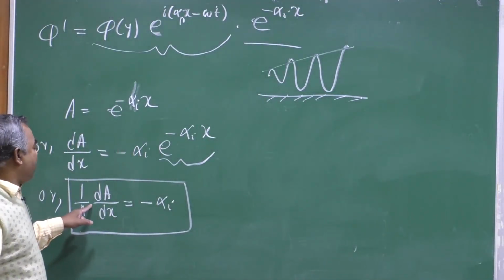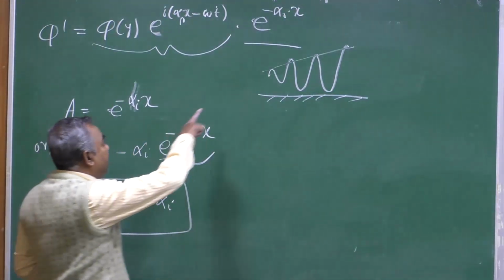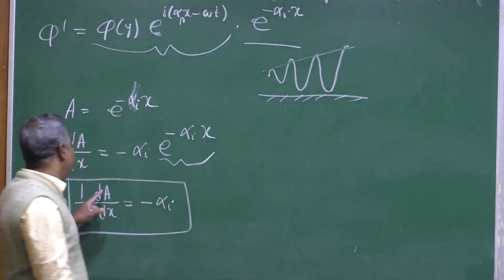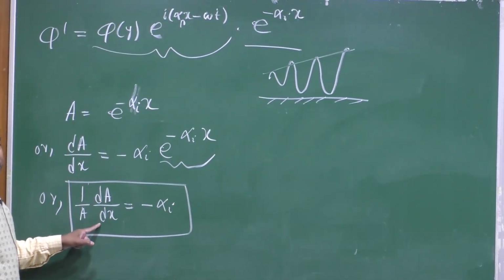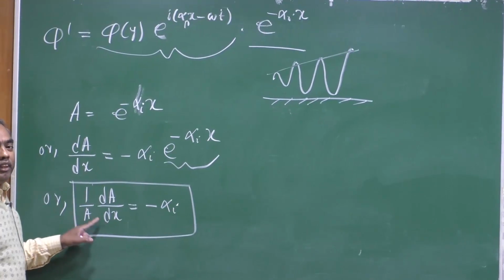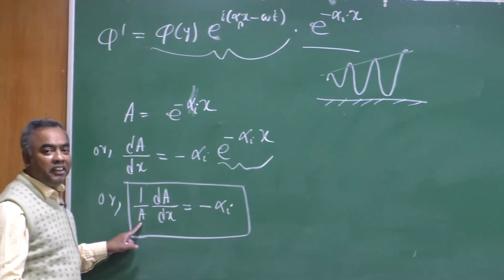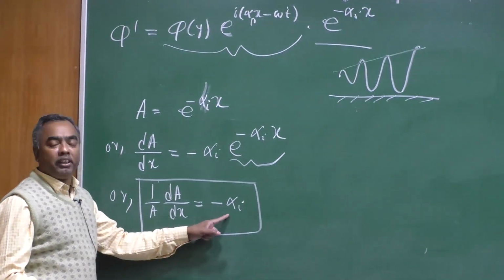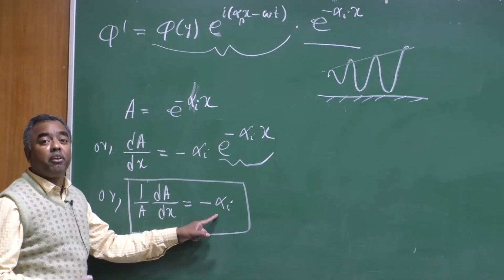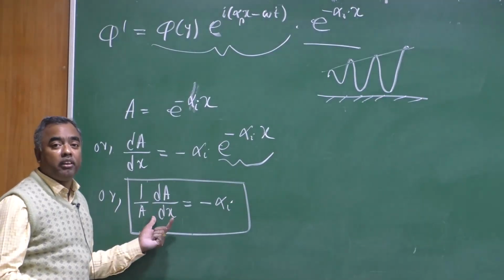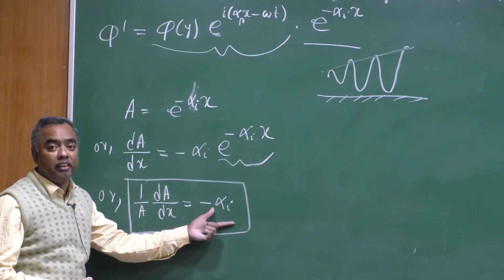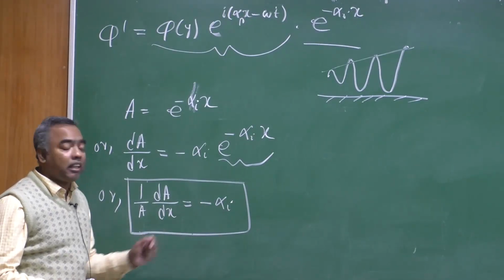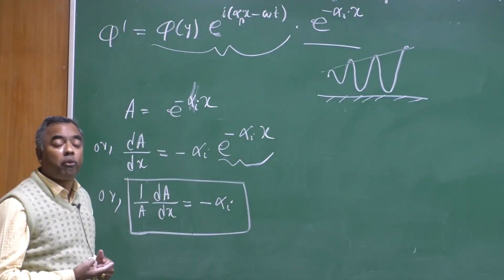Okay. That means this amplitude is increasing with increasing what? Distance x. So, dA/dx, rate of increase divided by, let us say, the initial amplitude. What is that? That is nothing but your growth rate, because rate of amplification, that is what it is: minus alpha i. That is why minus alpha i is your spatial growth rate.